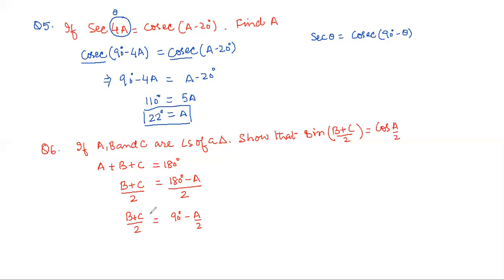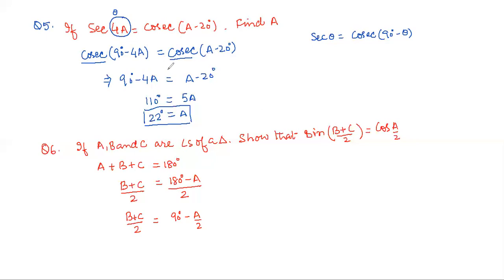Now since these two angles are equal, if the angles are equal, children, see in the previous question, I said if the trigonometric ratios are same, the angles are equal.